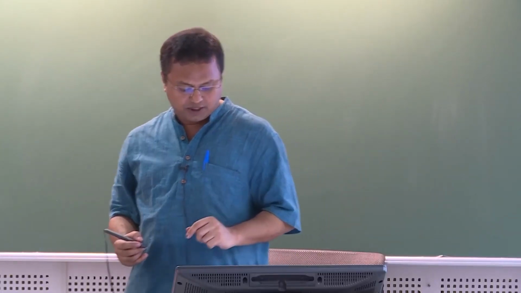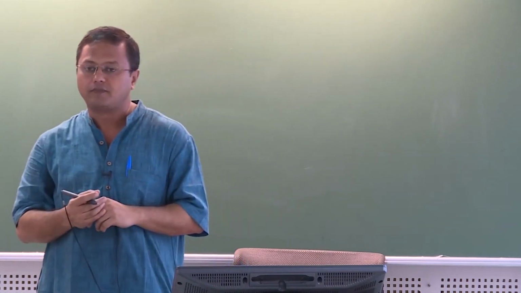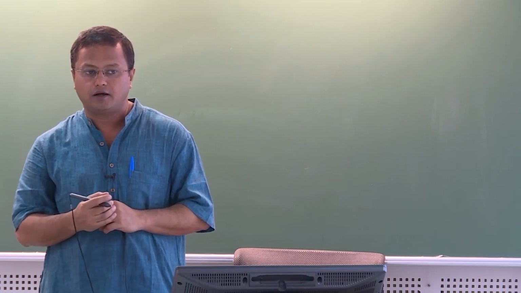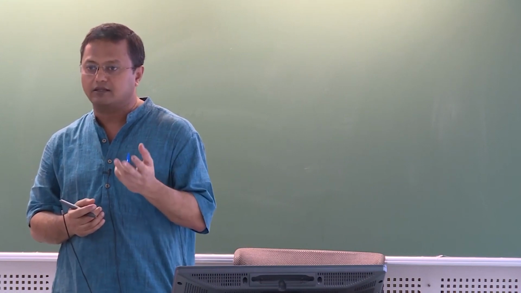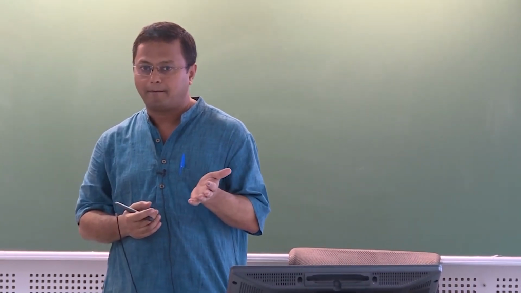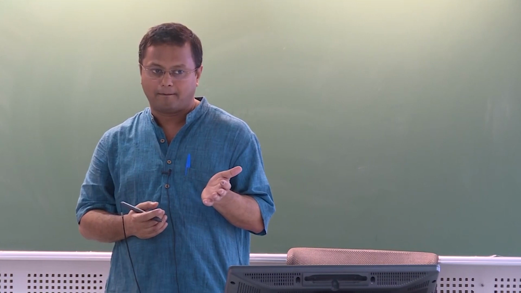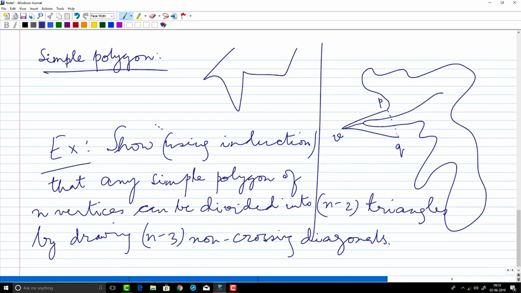This result also has another significance. If I look at a simple polygon and sum all the internal angles, what is that sum? It is n minus 2 into pi.